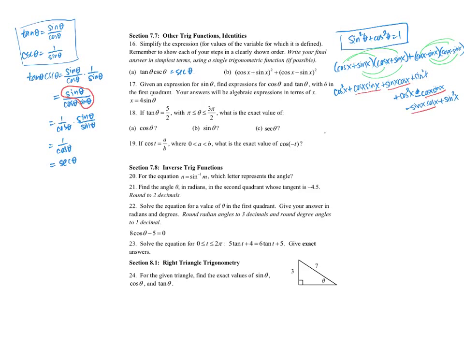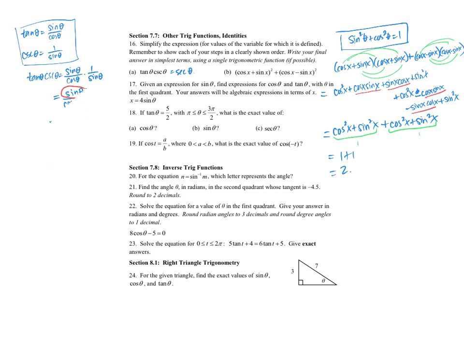So this is all equal to cosine squared plus sine squared, plus, and then I have a cosine squared plus sine squared. Okay, and then I know this here is equal to 1, and this here is equal to 1. And so what I'm left with is 1 plus 1, which is 2. That simplifies all the way down to 2.